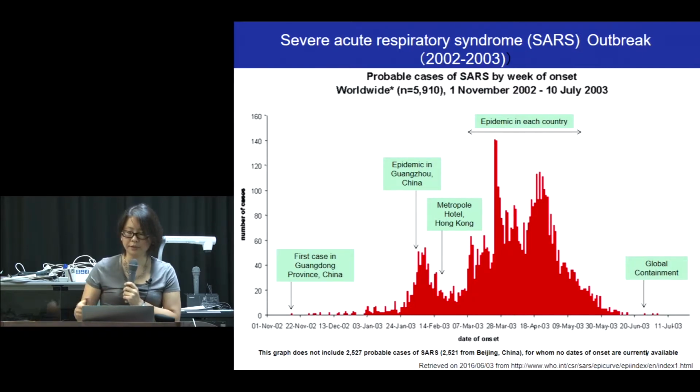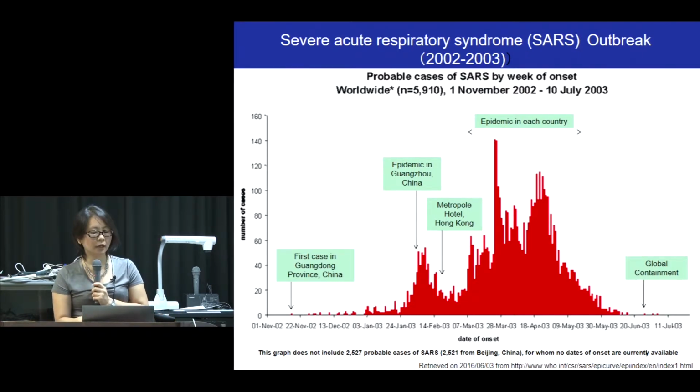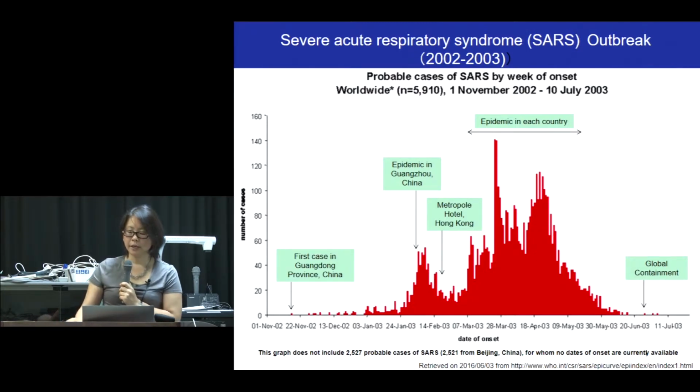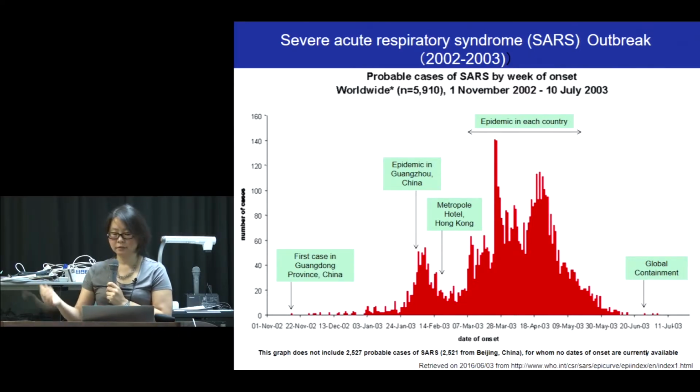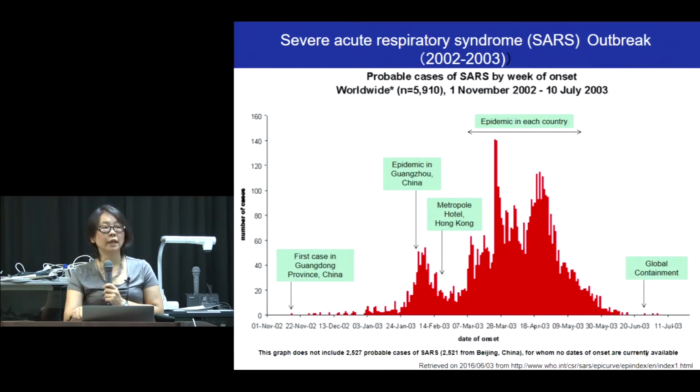So SARS was first reported in Asia in the year 2003. And over the next few months, the illness spread to more than a dozen countries in North America, in South America, in Europe, in Asia, before the epidemic was contained, okay?